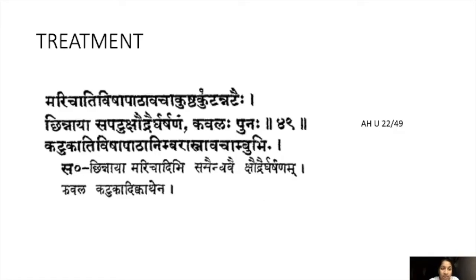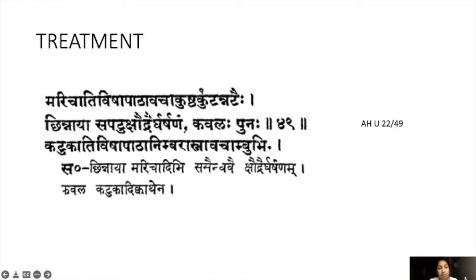That is mentioned next. Marija, Adivisha, Pada, Vaja, Kushta, Kudannadehi, Chinnaya, Sapaduk, Shaudrer, Karshanam, Kabalaha, Punaha, Kaduka, Adivisha, Pada, Nimba, Rasna, Vaja, Ambubihi. So you can go for Karshana, Pradisarana and Kabala.